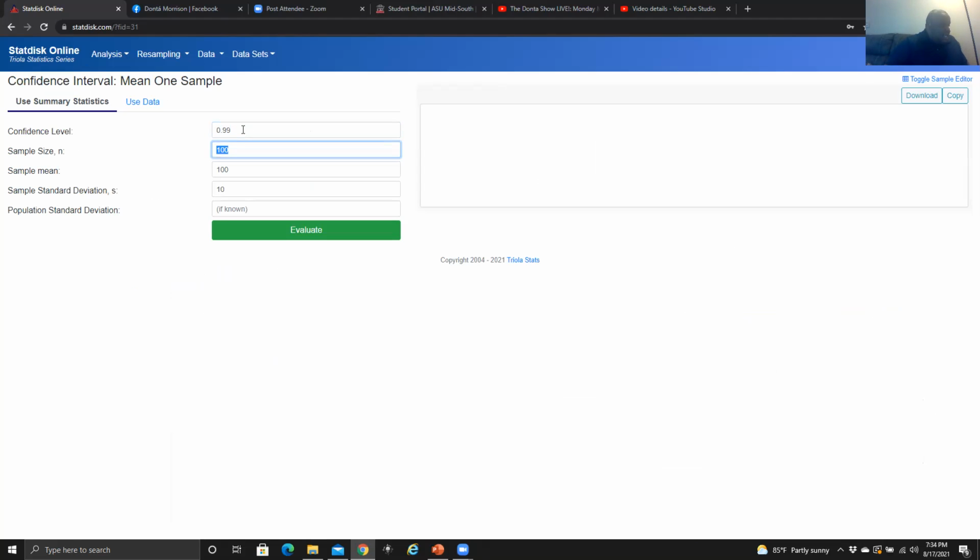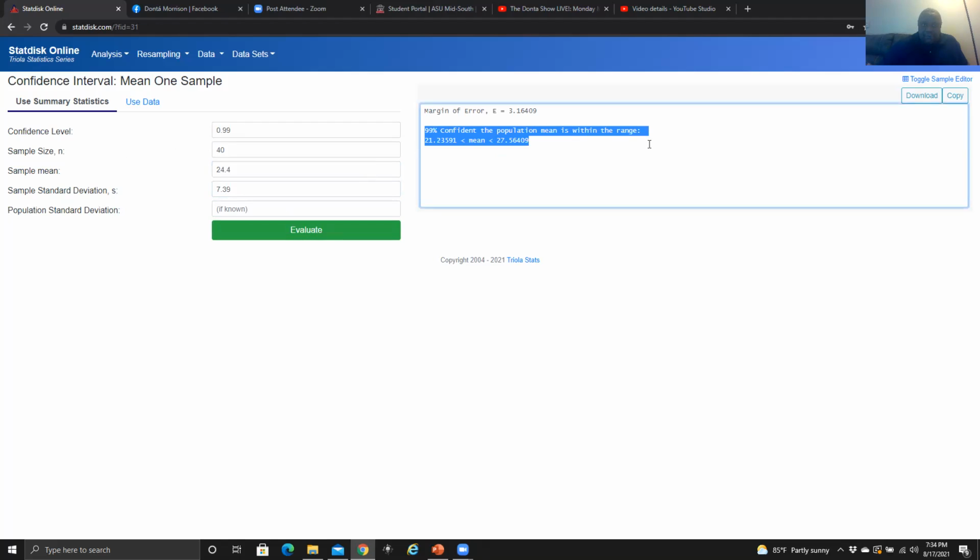The sample size n is 40. The sample mean is 24.4. The sample standard deviation was approximately 7.39. We always leave the population standard deviation box blank. Then click evaluate, and here is your confidence interval right here.